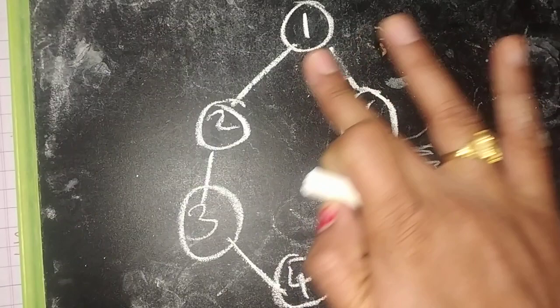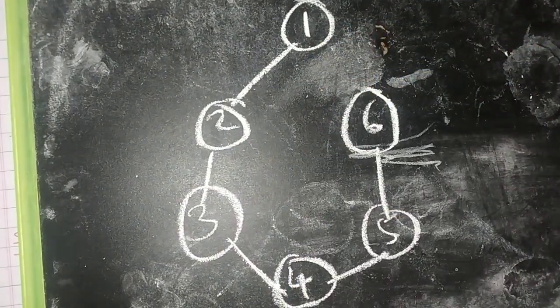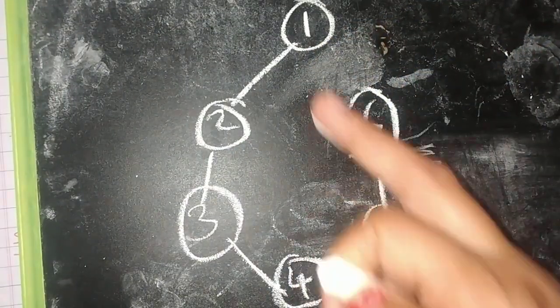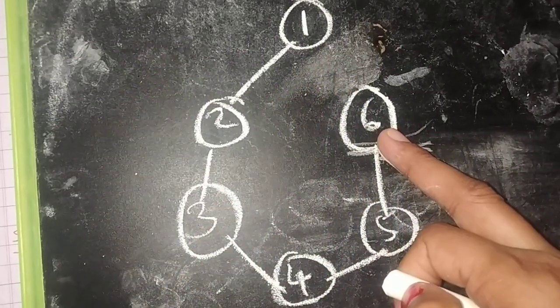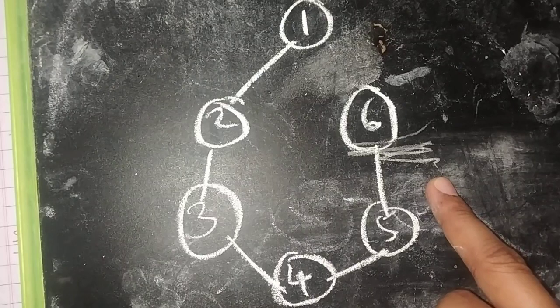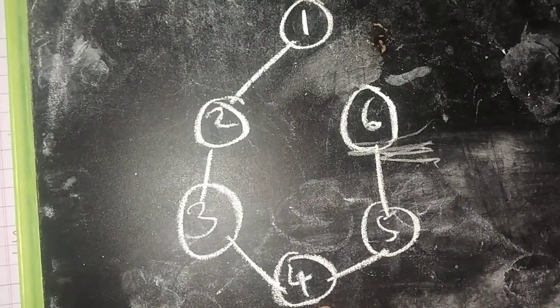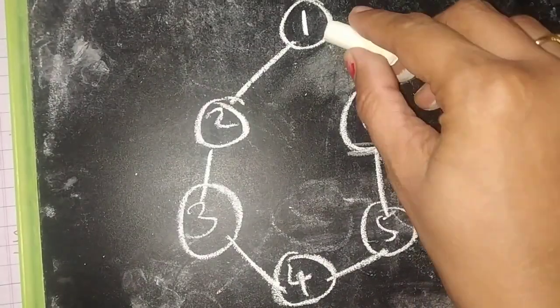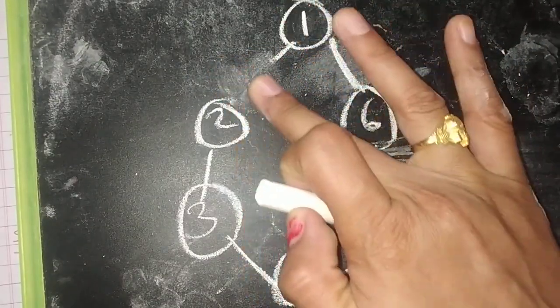This is one subgraph, right? How many vertices here? 1, 2, 3, 4, 5, 6. Edges 1, 2, 3, 4, 5. So this is one subgraph. And this is another subgraph, and this is another subgraph, and next, this is another subgraph.